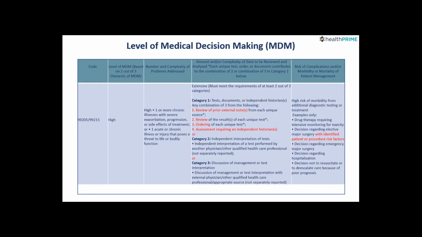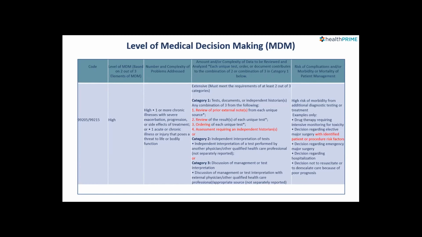For high complexity medical decision making, that is for level 99205 to 99215, we need documentation of an extensive amount of data to be reviewed and analyzed. So what comes under extensive is we must meet the requirement of 2 out of the 3 categories.